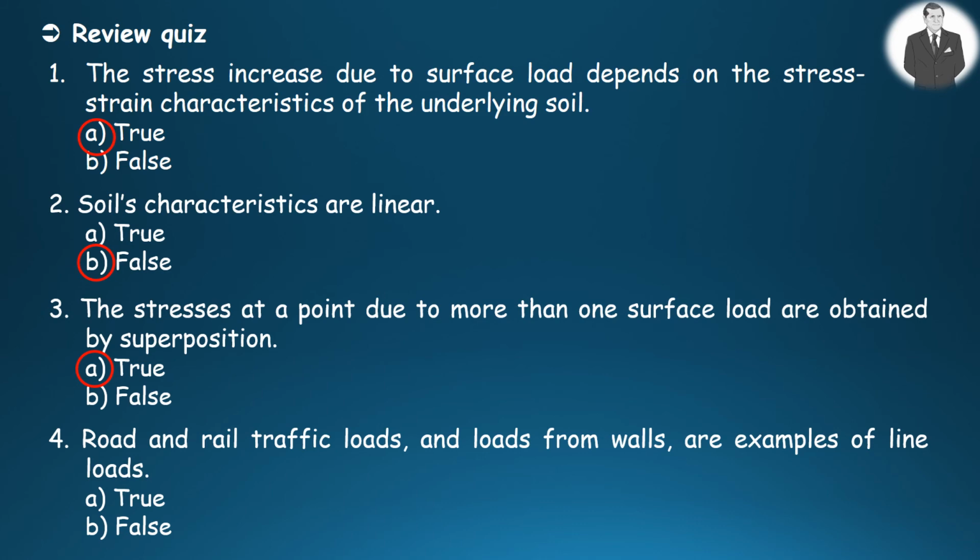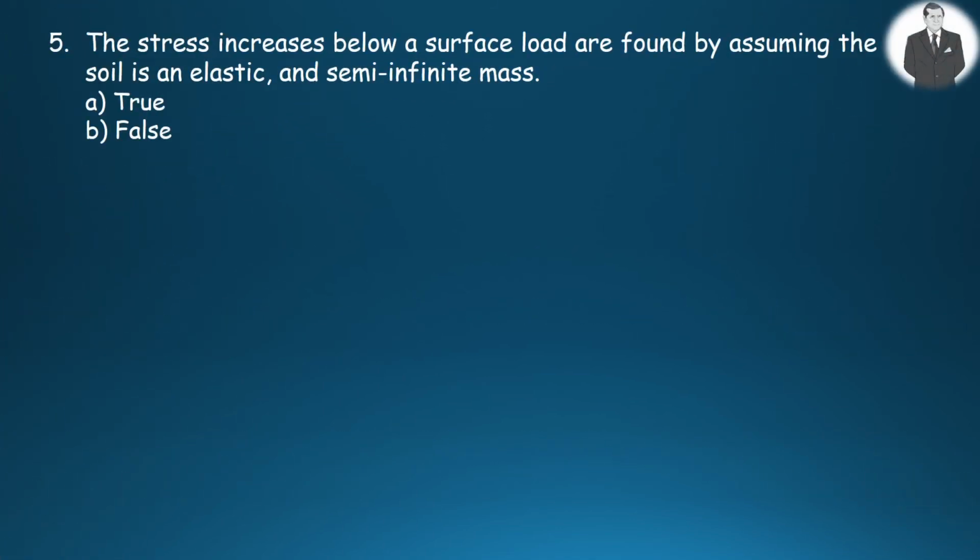True or false? No, you got it wrong. It is true. The stress increases below a surface load are found by assuming that soil is an elastic and semi-infinite mass. True or false? It is true. Jolly good.